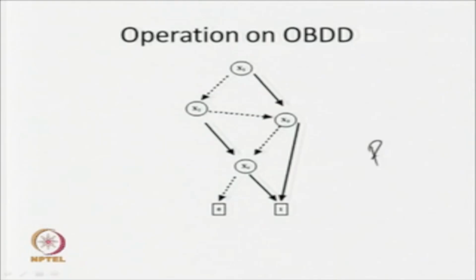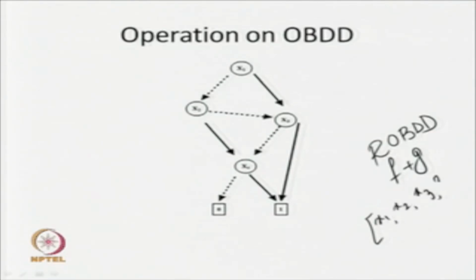So, eventually we are getting the ROBDD for f plus g, and the ordering of the variables is the same as the ordering of BF and BG. This is basically x1, x2, x3, x4, where BF is the ordered BDD or ROBDD of f and BG is the ROBDD of g.